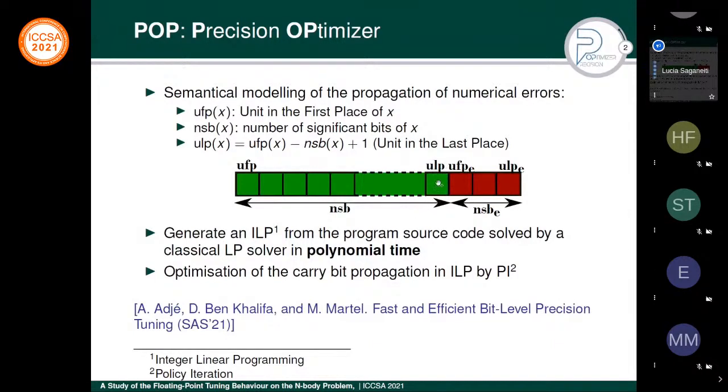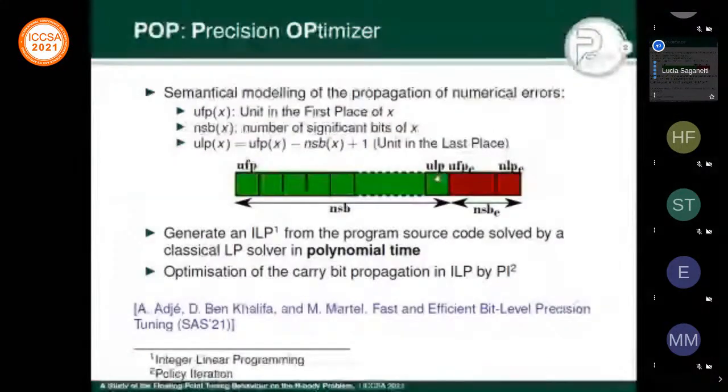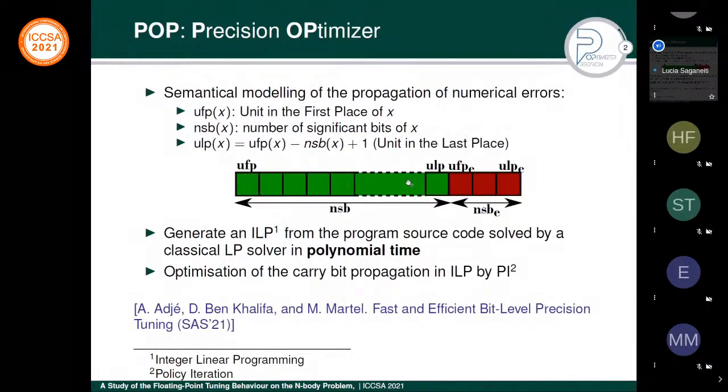And the unit in the last place of a number can be computed by the UFP of x minus the NSB of x plus 1. In fact, our originality is that we generate an integer linear problem from the program source, which can be solved by a classical LP solver. We use the GLPK in polynomial time.